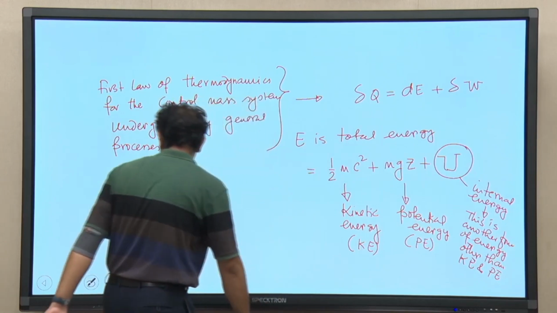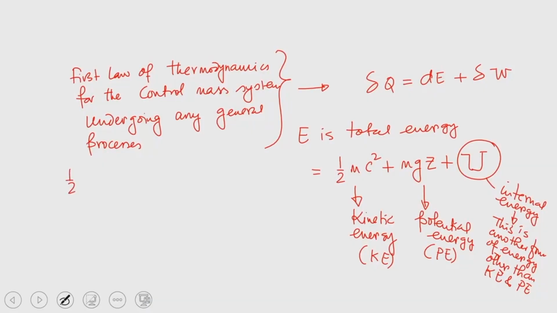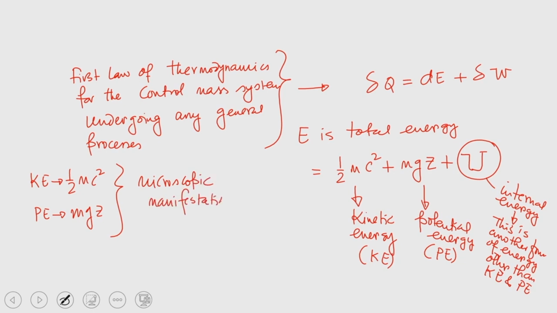Basically, half m c square and m g z, that is kinetic energy and potential energy, these two are the microscopic manifestation of the mechanical energy.